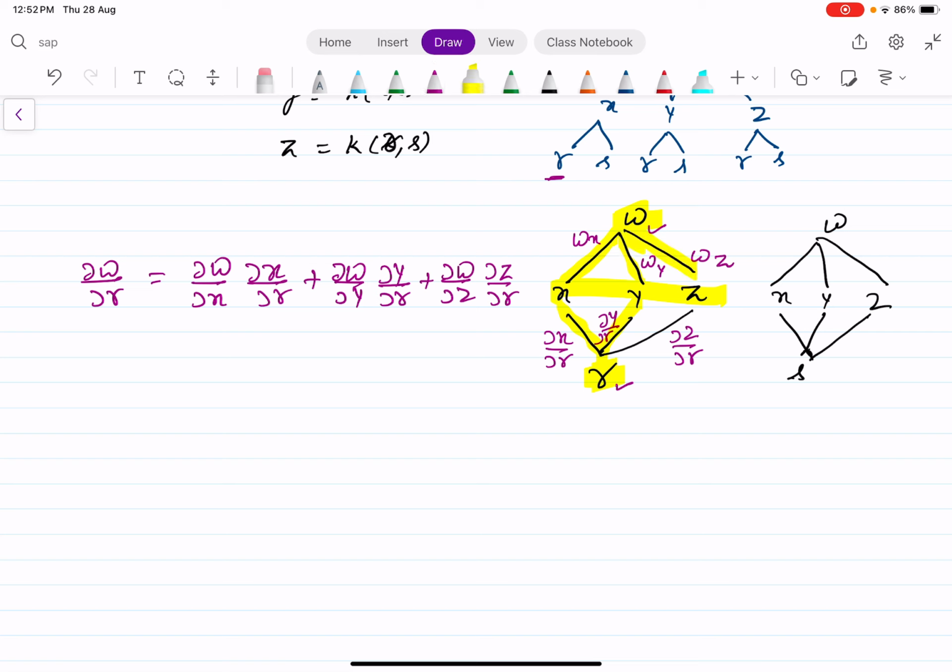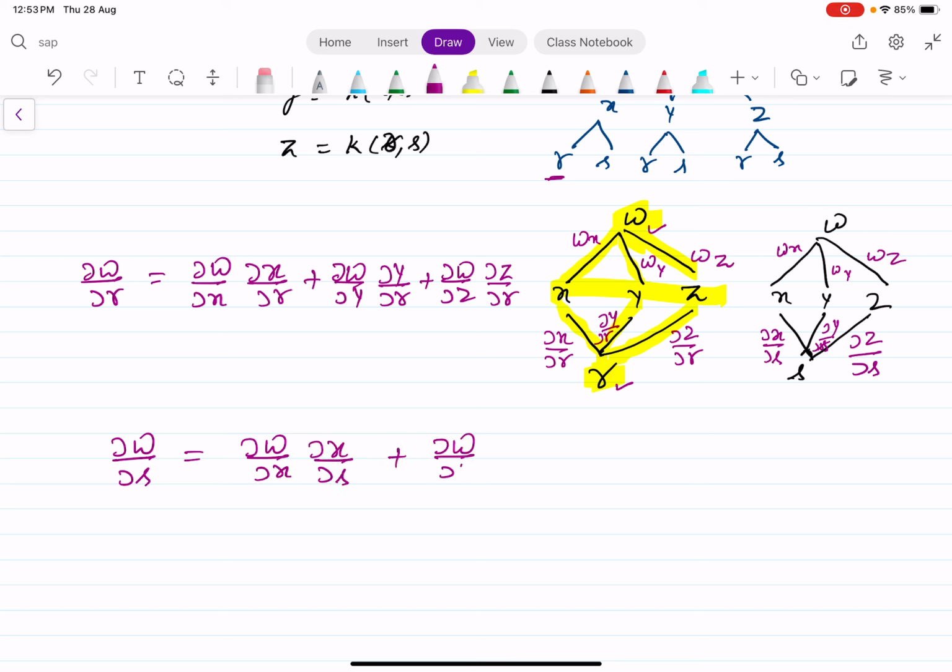Now similarly we can compute the derivative of W with respect to S. So this is ∂W/∂x, ∂W/∂y, ∂W/∂z, and ∂x/∂S, ∂y/∂S and ∂z/∂S. So ∂W/∂S will be ∂W/∂x ∂x/∂S plus ∂W/∂y ∂y/∂S plus ∂W/∂z ∂z/∂S.